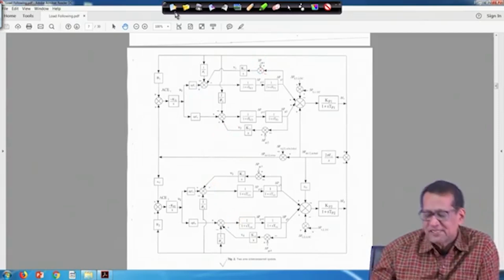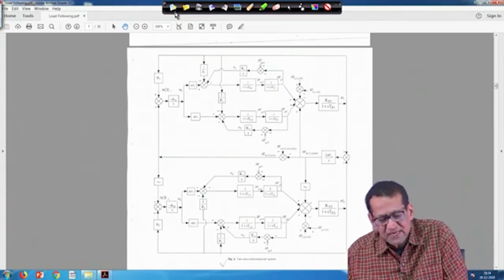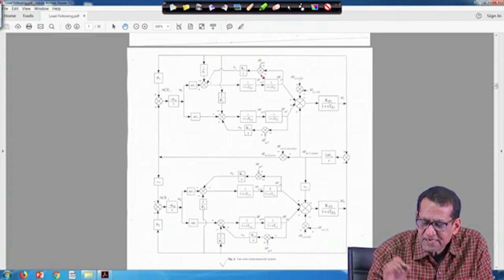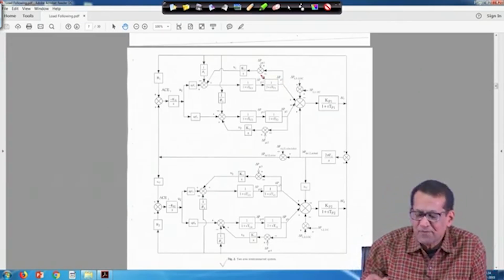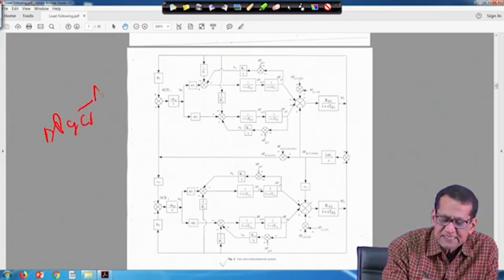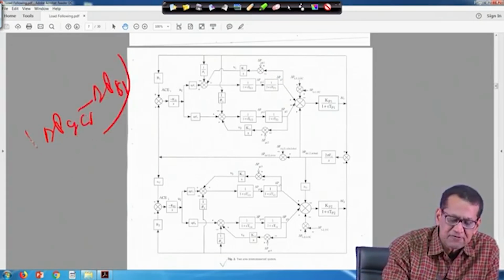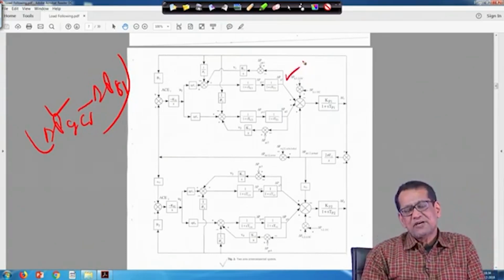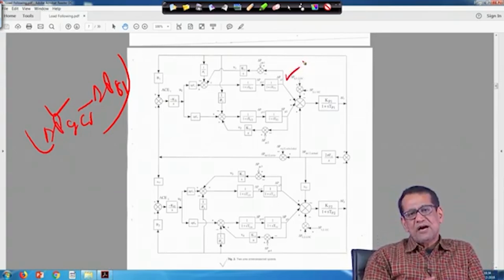Now, the question is that this is delta PGC1, and here the delta PG1 feedback is here. So, these two are compared, that is delta PGC1 minus delta PG1, where delta PG1 is generated by generating unit 1, right.